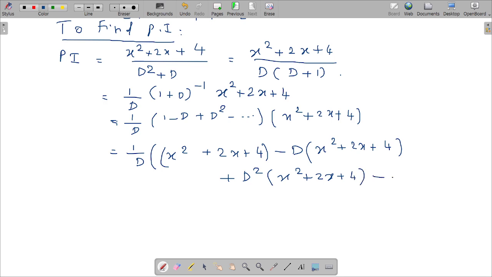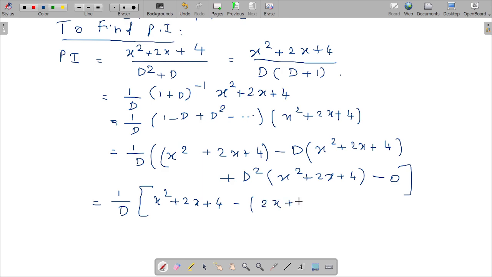The remaining terms are 0. What is D of x square plus 2x plus 4? 2x plus 2.